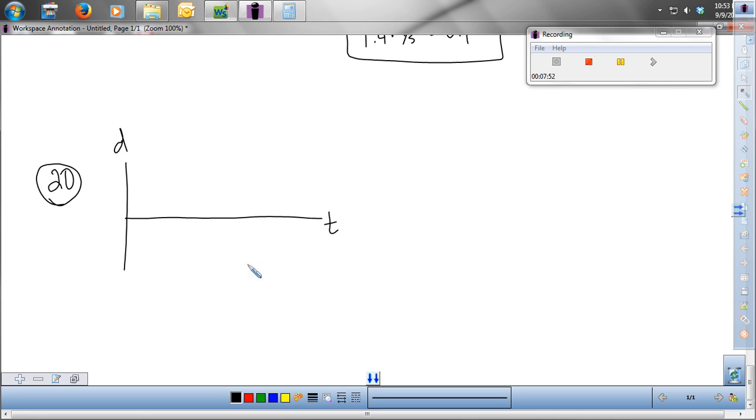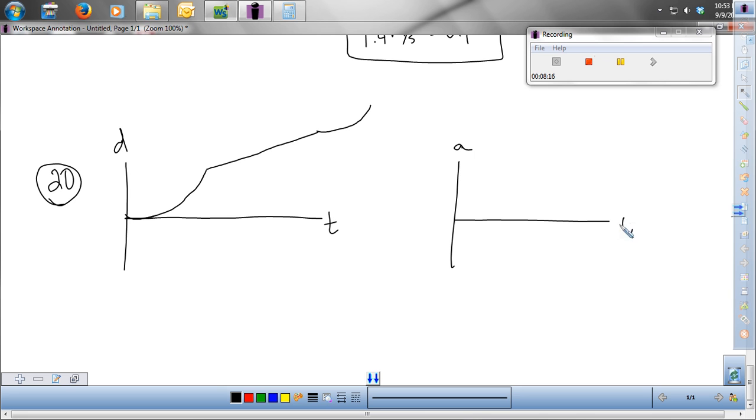It accelerates from 0 to 20, so I'm going to need a bit of a curve to show it accelerating. Then it maintains a constant velocity. So its distance increases at a pretty constant rate. And then it accelerates again. So there's my distance versus time. It's not very pretty, but you get the idea.